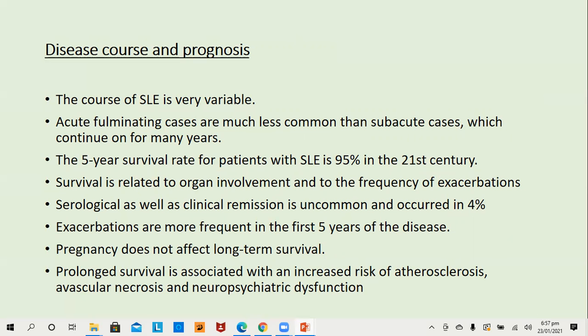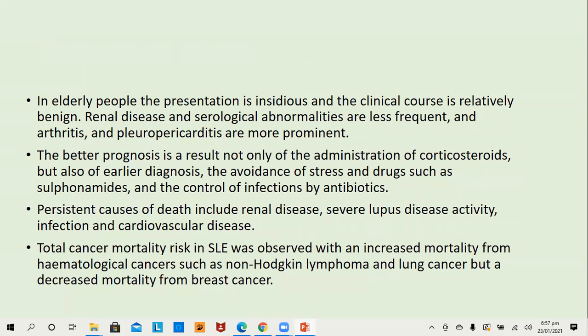Prolonged survival is associated with increased risk of atherosclerosis, avascular necrosis, and neuropsychiatric dysfunction. In elderly people, the presentation is insidious and the clinical course is relatively benign.